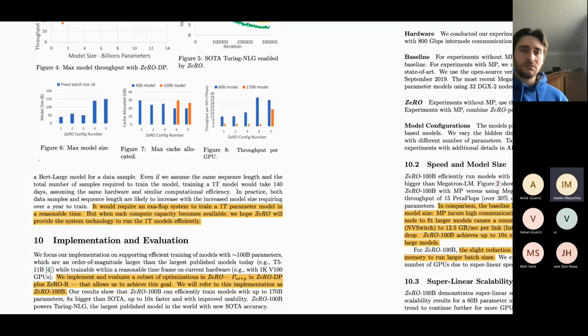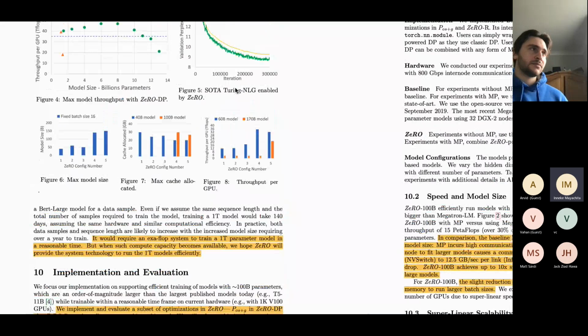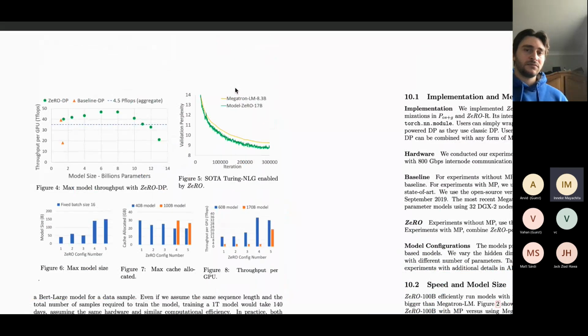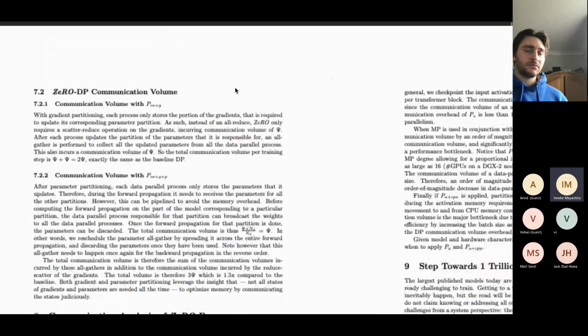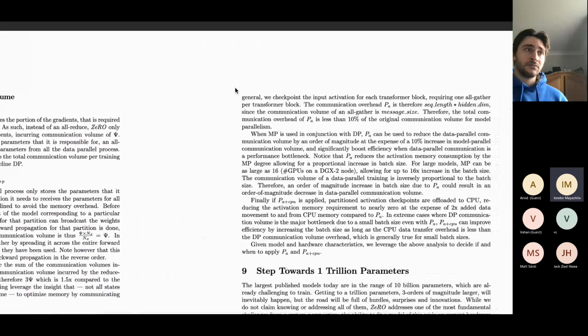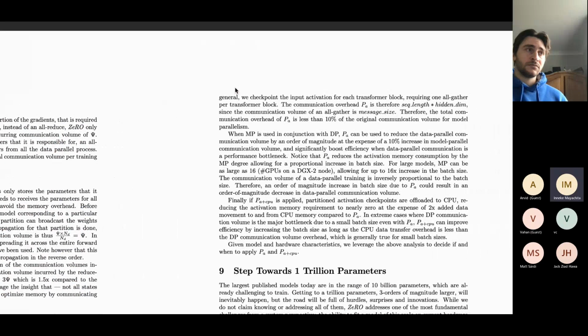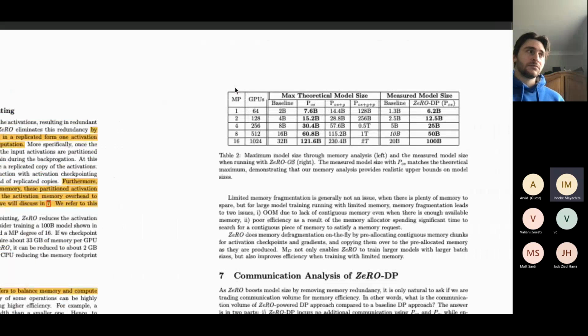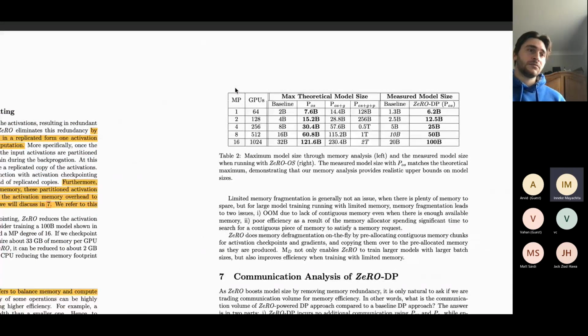Inika, you have your hand raised. Yeah, something I don't really get and I'm wondering is that they mentioned the caveat of doing model parallelism is that the communication will be difficult. And here when they partition the activations, they save this activation checkpoint and they will load only the necessary checkpoint in every node.